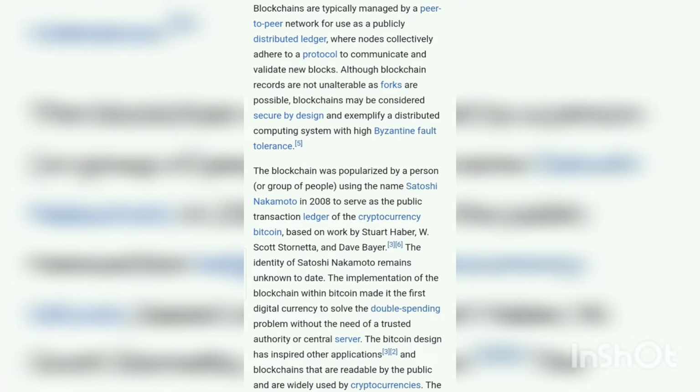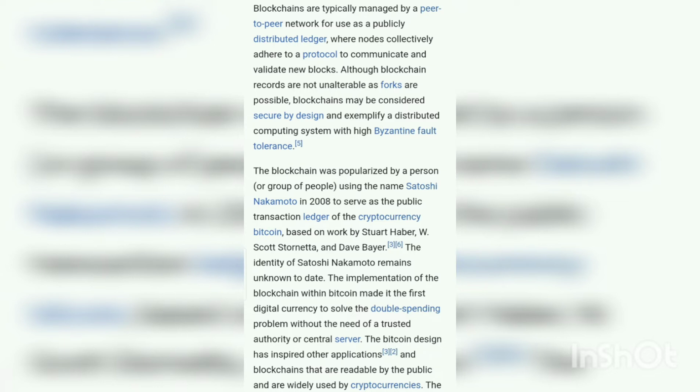Blockchains are typically managed by a peer-to-peer network for use as a publicly distributed ledger, where nodes collectively adhere to a protocol to communicate and validate new blocks.